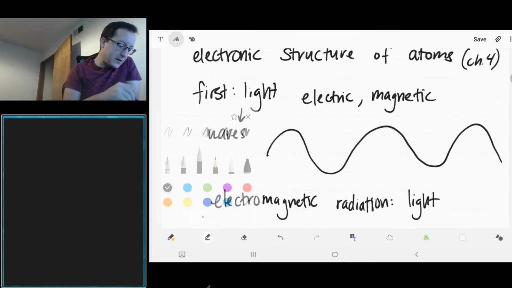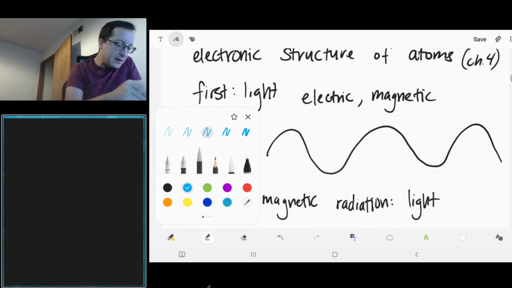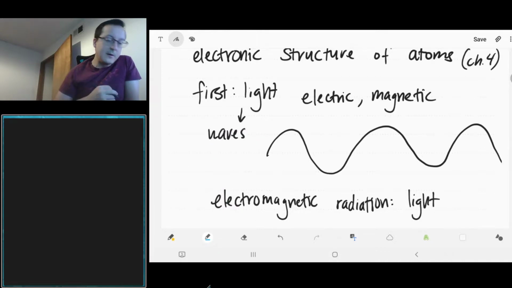But let's first look at waves here. Looking at this wave, there are going to be a few properties that we're going to be able to use to describe any wave that you have. Of course, if you take physics, you'll be doing this in a lot more detail, but we do need some basic terminology here when we're talking about waves.